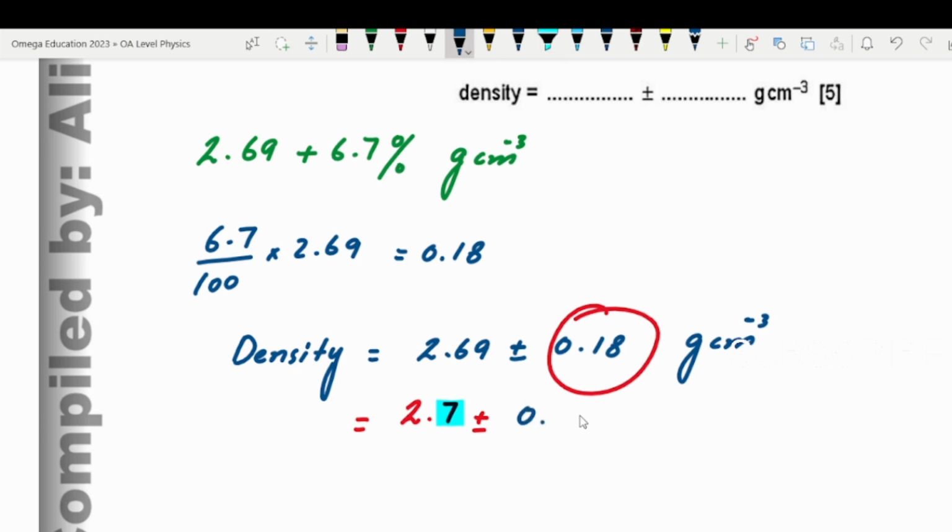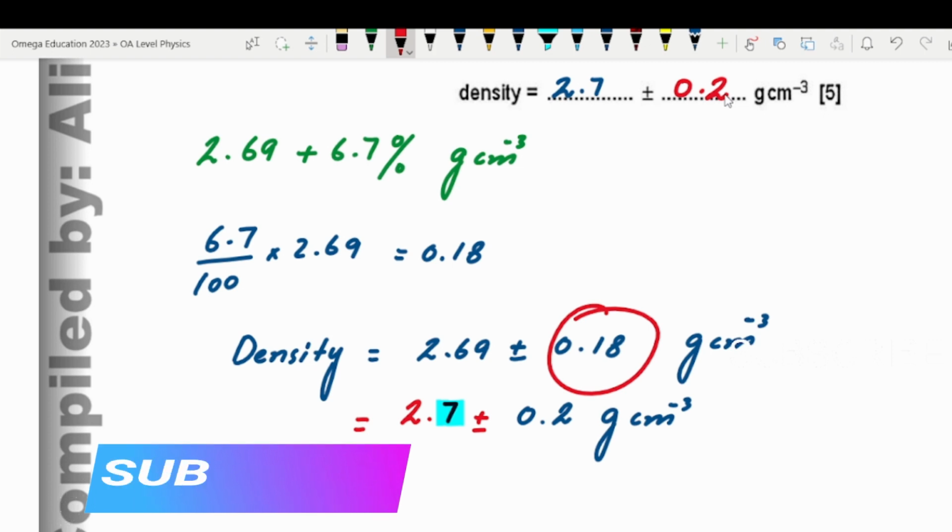So the number of decimal places in the uncertainty would also be 1. So the final answer for this one would be 2.7, I'm writing there at the top, plus minus 0.2 grams per cubic centimeter. So you see, in this question of 5 marks, they have asked you pretty much everything of this chapter.